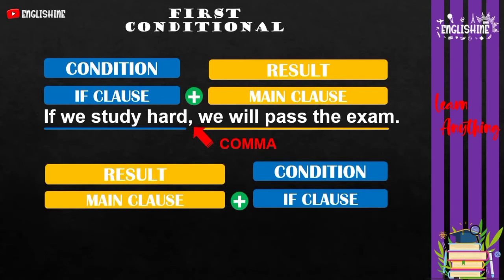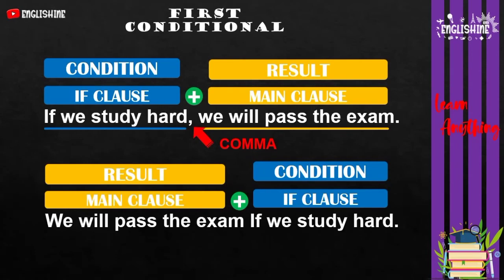How can we change our example sentence? If we study hard, we will pass the exam. How can we change it into this order? We say, we will pass the exam if we study hard.